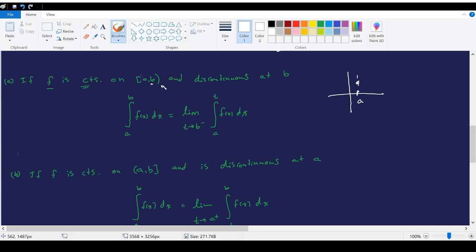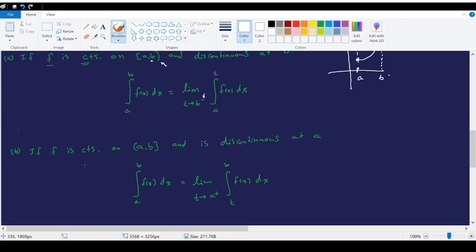See here a has a closed bracket. That means the function is continuous at a also, but not at b. So in other words, we can get something like this, right? In this case, the integral we should approach from the values to the left of b, and that is represented by this superscript negative sign.